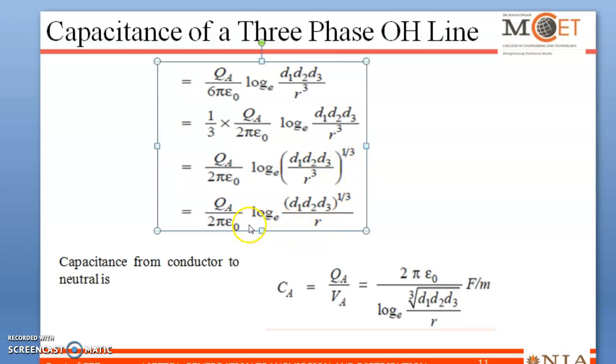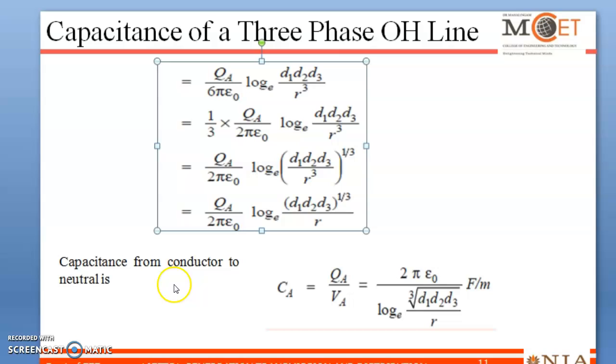So the final value is QA divided by 2 pi epsilon naught log E D1, D2, D3 power 1 by 3. In this, R power 3 with power 1 by 3 means the 3 will be cancelled, so the R power is going to be 1.